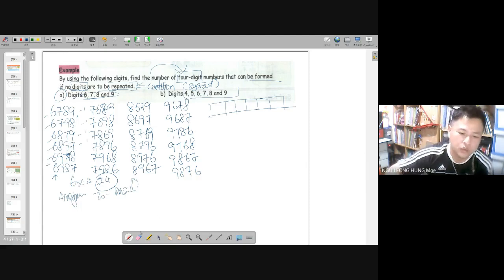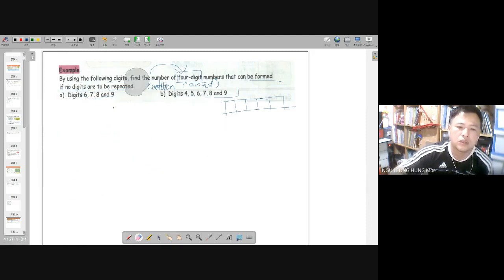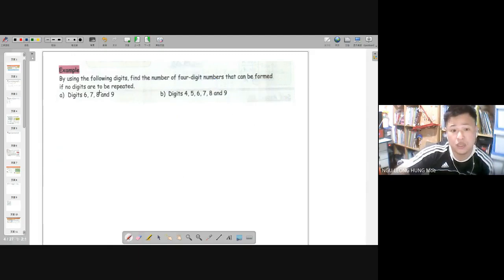So we don't want to do that. We have another smart way. So what is the smart way to do it? It is like this. We want to form a 4-digit number, so we just draw a box with 4 boxes inside here.